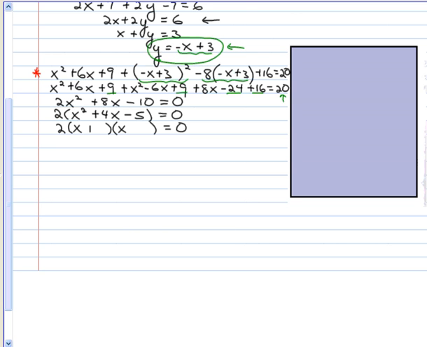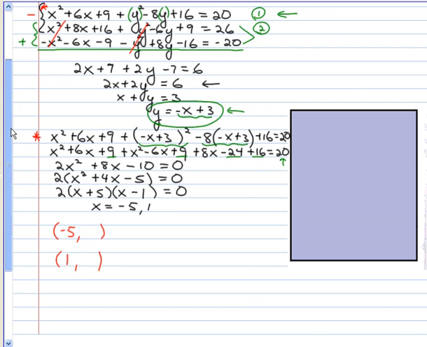I need numbers that multiply to be negative 5 and add up to positive 4. 5 times negative 1 is negative 5, and adding them gives positive 4. So the values of x that make each factor equal 0 are negative 5 and 1. So my x can be negative 5, and we'll need to figure out the y that goes with it. My x can be 1, and we'll figure out the y that goes with it.